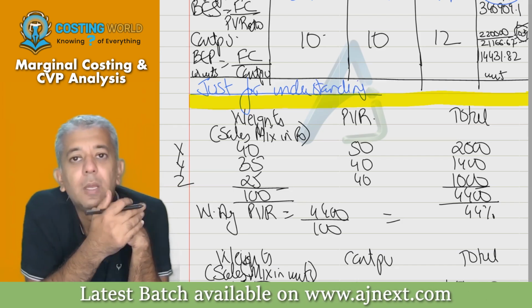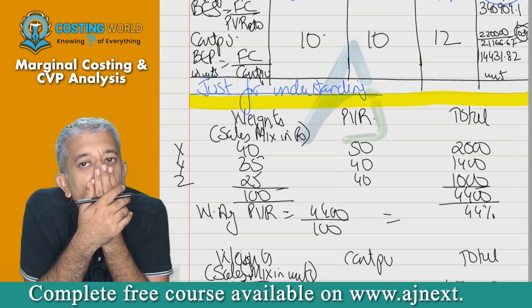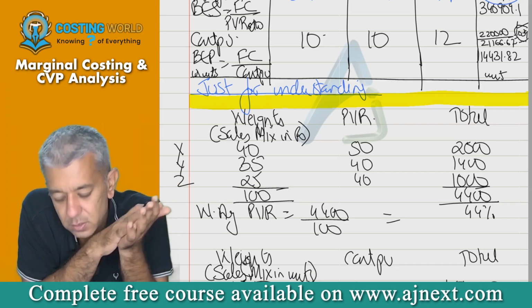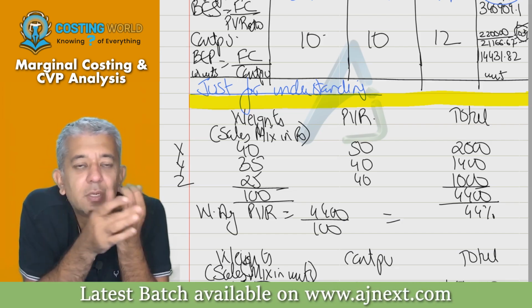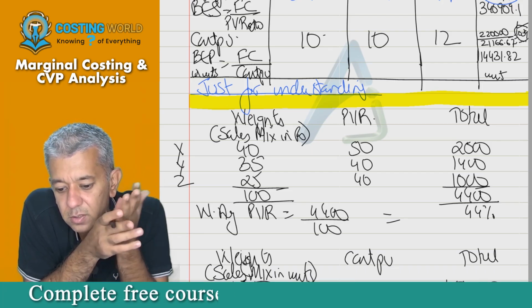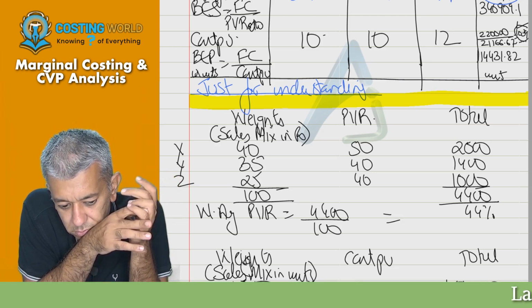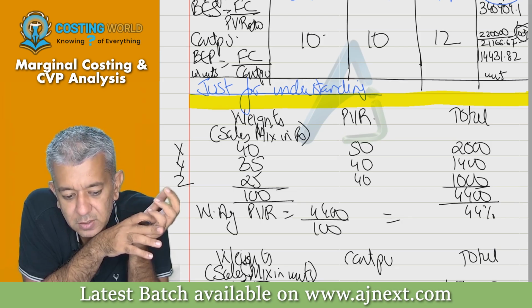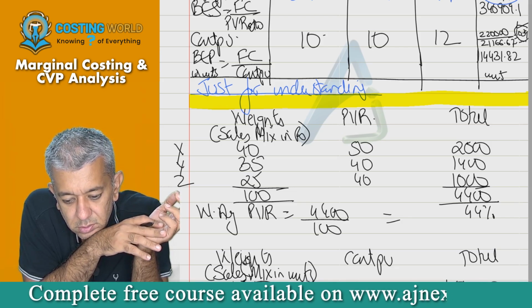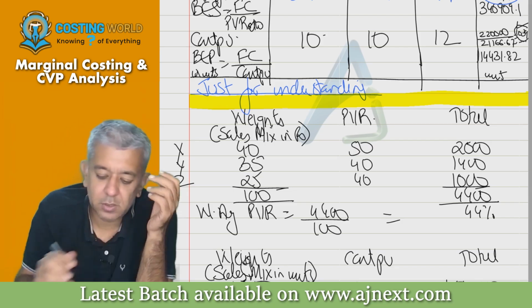Write down PV ratio of the company also represents weighted average PV ratio of the products, taking weights as sales mix in rupees.